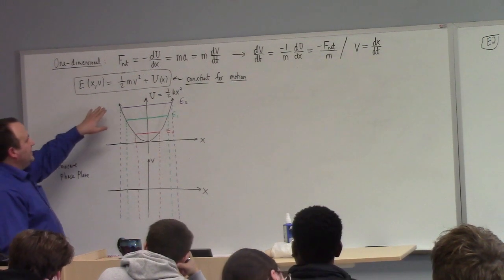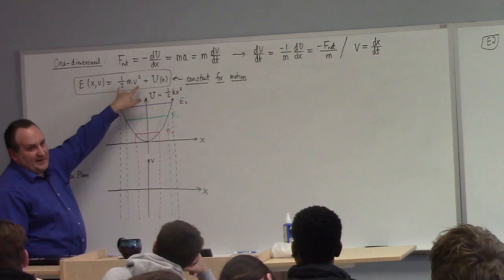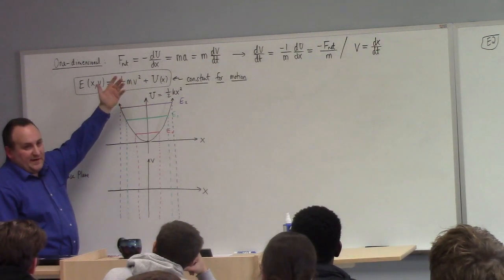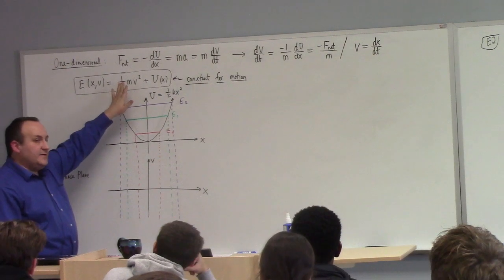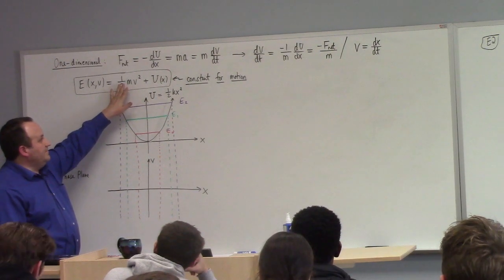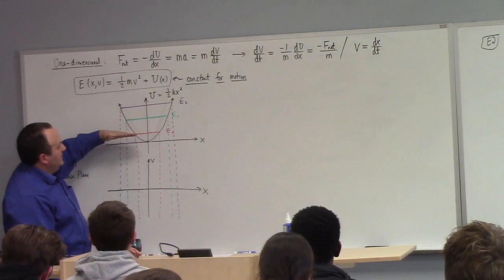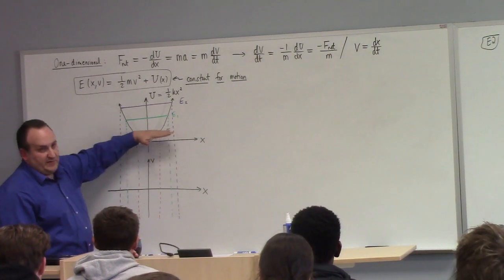You can't have the situation, let me put it this way. Could you have 1/2 mv squared be negative? No, it's impossible, right? Kinetic energy is positive. That means that for a given energy level, it's not possible to be below the potential energy graph.